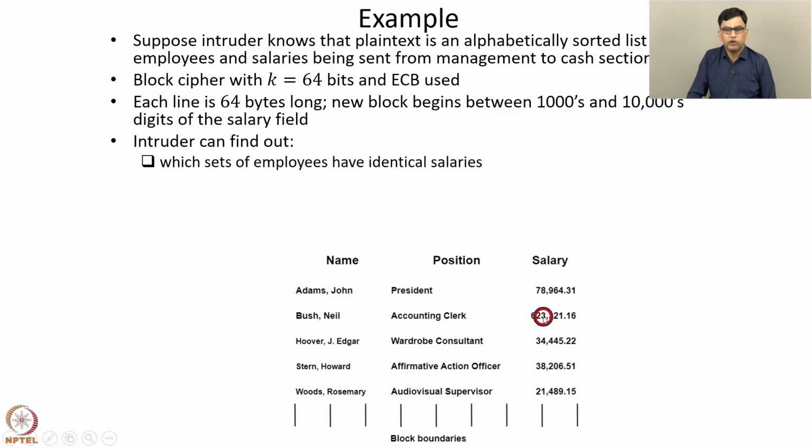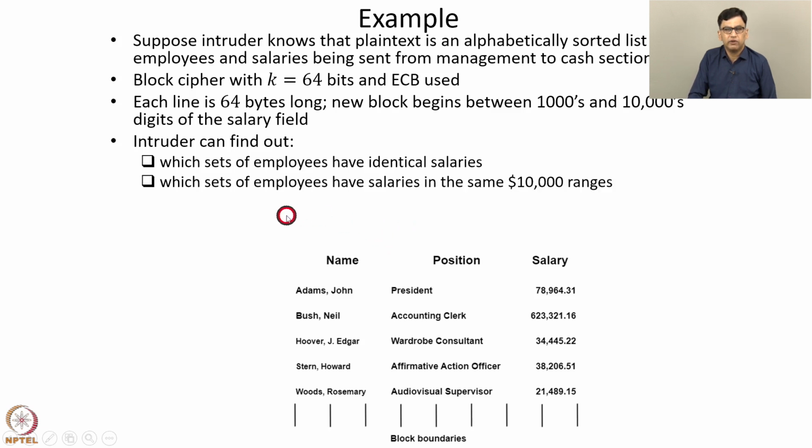For 2 different rows, if the last 2 blocks are the same, then it means that the corresponding 2 employees have the same salaries. It is not difficult to know the alphabetically sorted list of employee names. The intruder might know that already, and then by finding out which rows have the same last 2 blocks, the intruder can find out which employees have identical salaries.